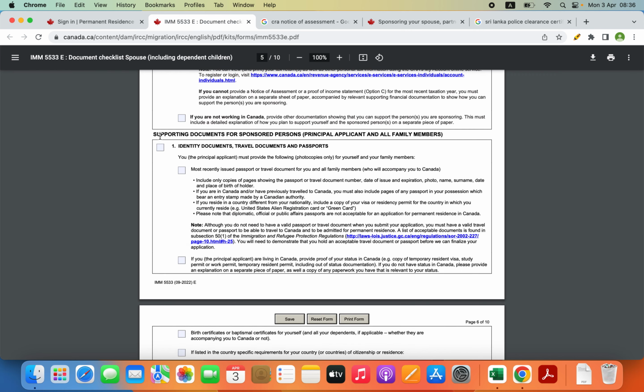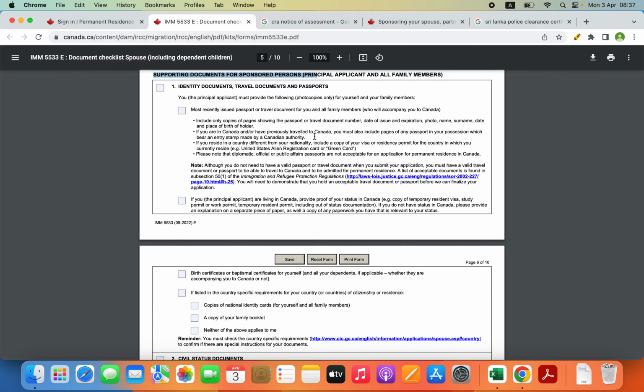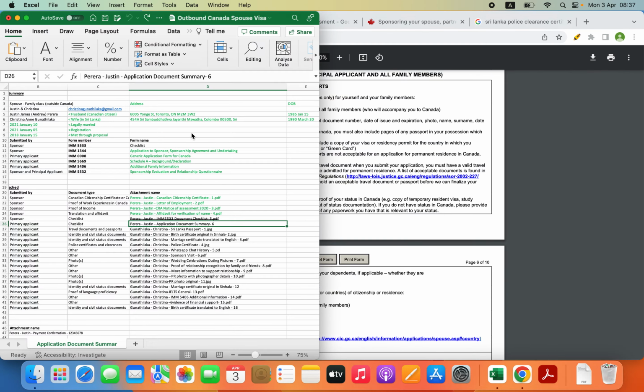Today we will be starting to fill the supporting documents for sponsored person, principal applicant section, which means that we will be completing from this point onwards.